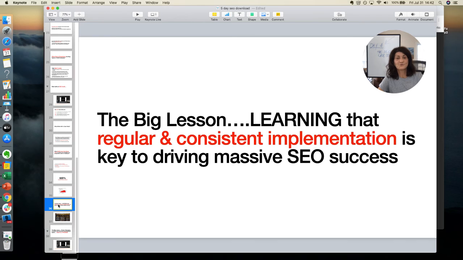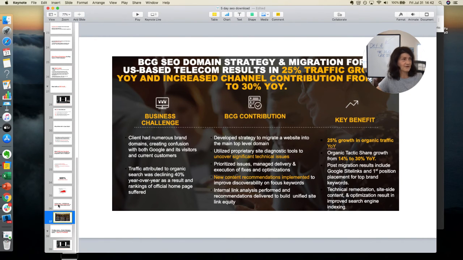And that's what you should learn as an SEO as well, is what can I take away from the work that I'm doing? Where am I seeing success, and how am I able to share that with future clients? So here's another client. This one, again, was 25% growth year over year, increased channel contribution from 14% to 30%.